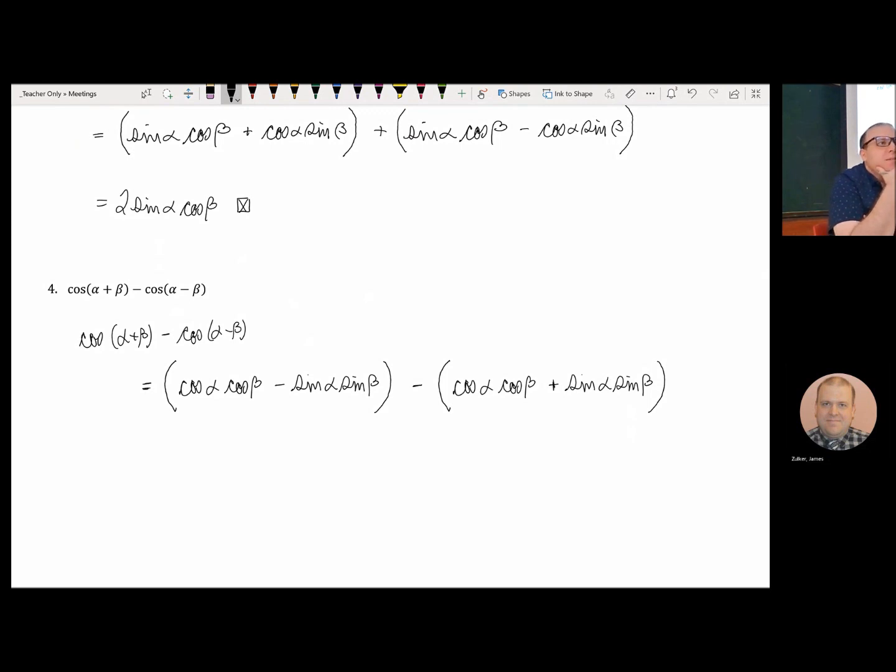For the difference identity, isn't it the same except the sign flips? Right.